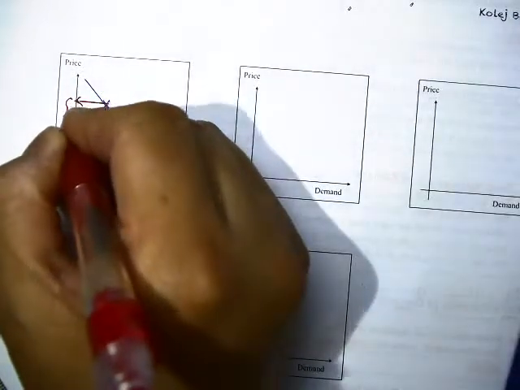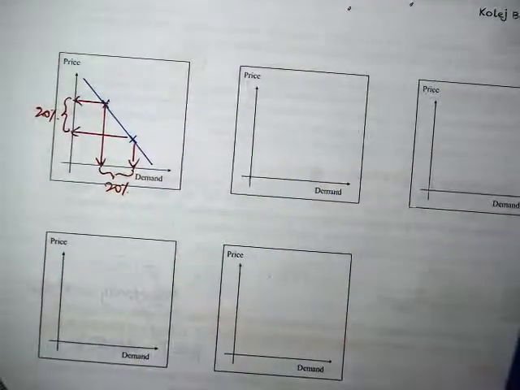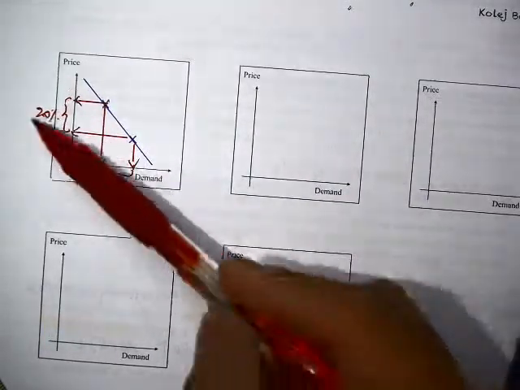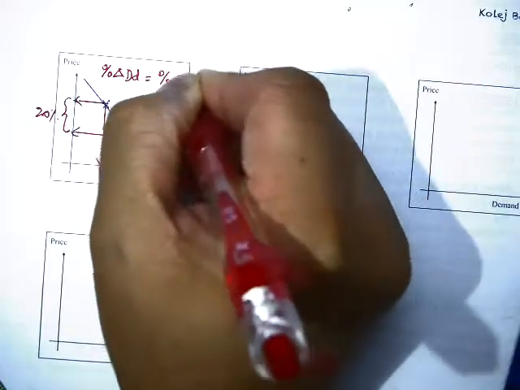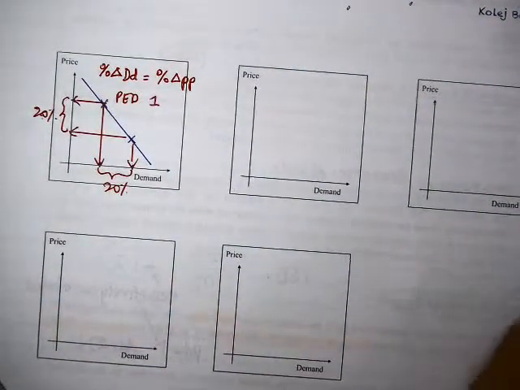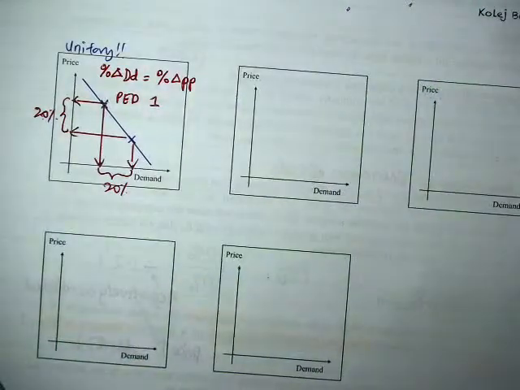Now let's say the change is 20%, that change is also 20%. Now I don't have to put amounts, I just put percentage, 20, 20, okay? So this is where we say the change in the price and demand is the same. So when the change in demand equals the change in the price, your PED will be 1. Okay? Now this is called unitary elasticity. Alright, this is called unitary elasticity.